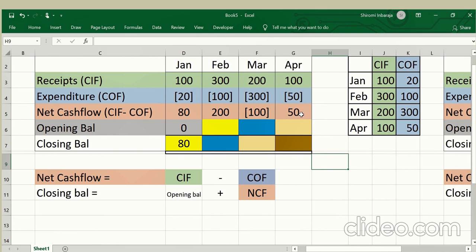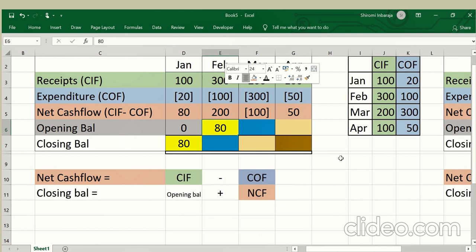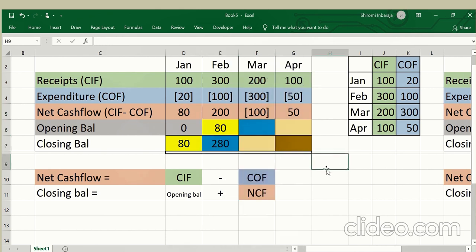Now, time to find out the opening balance of Feb, which you derive from Jan's closing balance. Now, add the net cash flow and opening balance to find the closing balance for Feb. Positive 200, positive 80 gives an answer of 280.